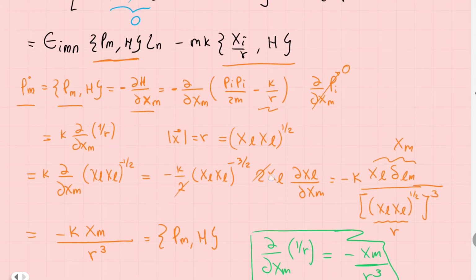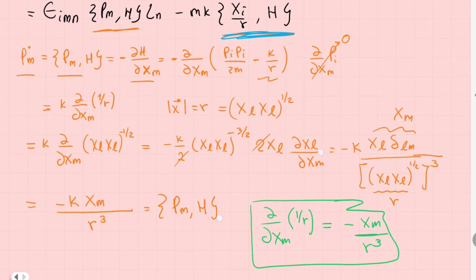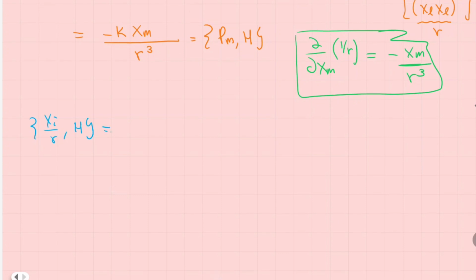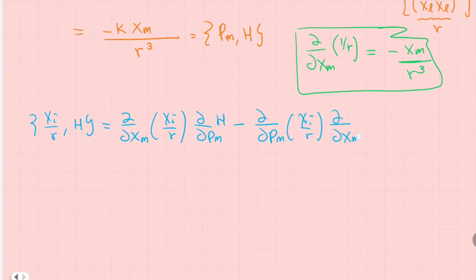Okay, so now we want to calculate this Poisson bracket over here, the one that is xi over r with h, and we're going to do it with the definition. So this is going to be the partial derivative with respect to xm of xi over r times the partial derivative with respect to pm of h minus the partial derivative with respect to pm of xi over r times the partial derivative with respect to xm of h.